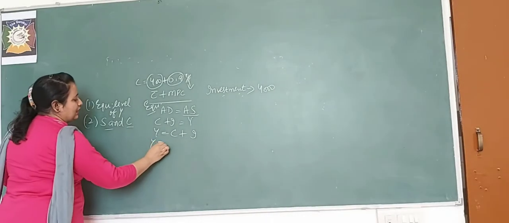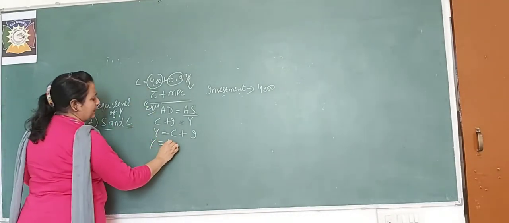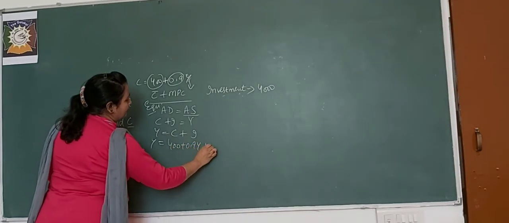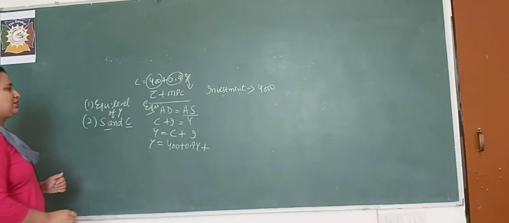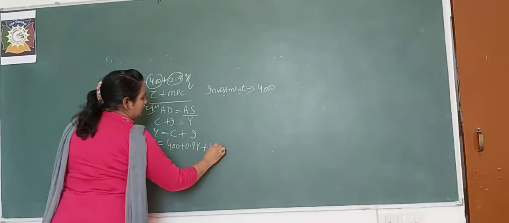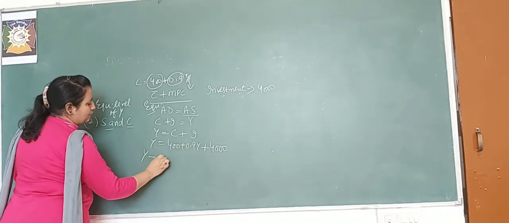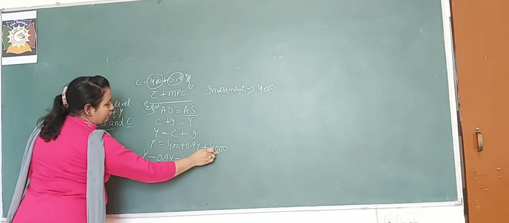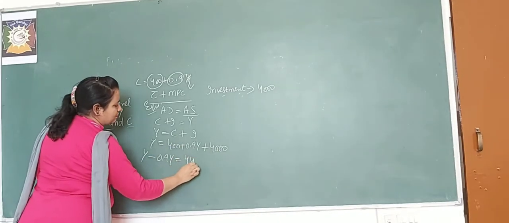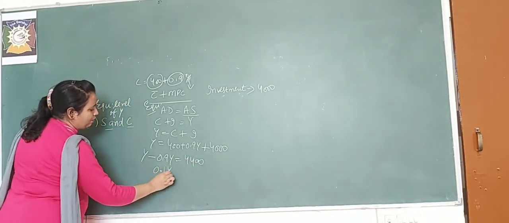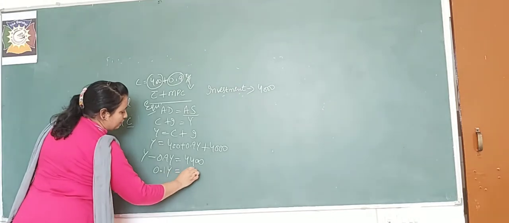This is Y. C I have 400 plus 0.9Y plus investment I have 4000. What I will do? Y minus 0.9Y, 4000 plus 400, this is 4400, and I will get 0.1Y.